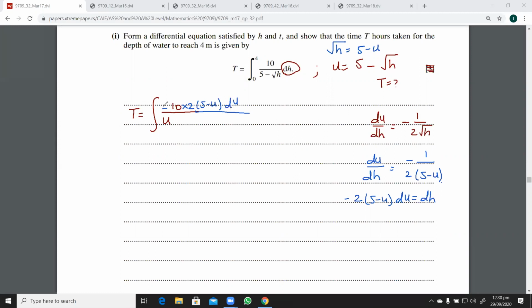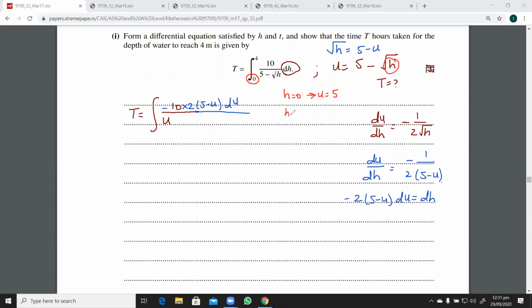Okay? Now let's think about the limits. What to do about the limits? This is the lower limit of this h. So when your h is 0, what will be your u? That will be 5, because you simply substitute your h into this over here, okay?